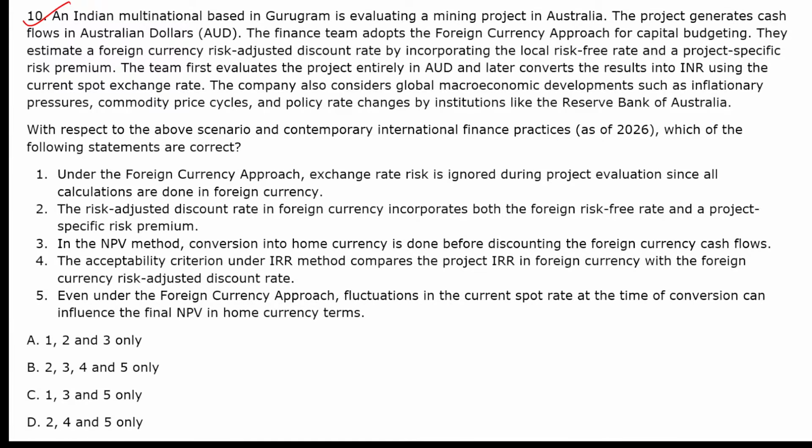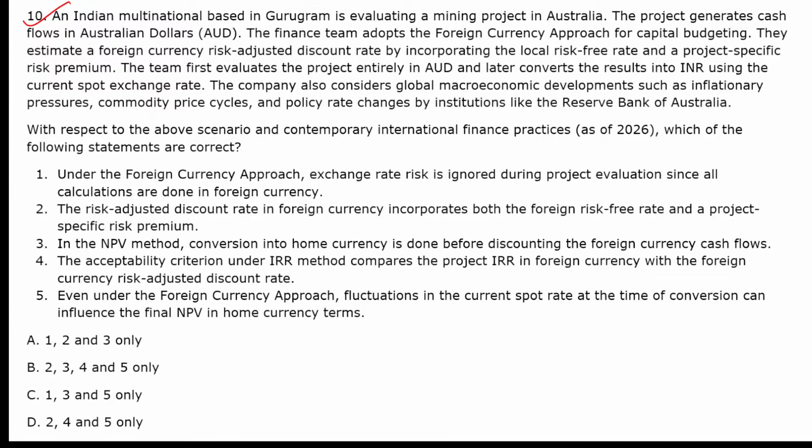The team first evaluates the project entirely in AUD and later converts the result to INR using the current spot exchange rate. The company also considers global macro developments such as inflationary pressure, commodity price cycle, and policy rate changes by institutions like RBA. Based on the scenario and contemporary international finance practices, which of the following are correct?